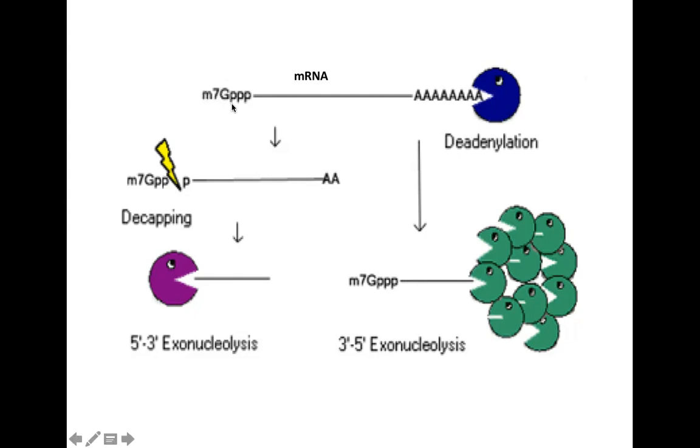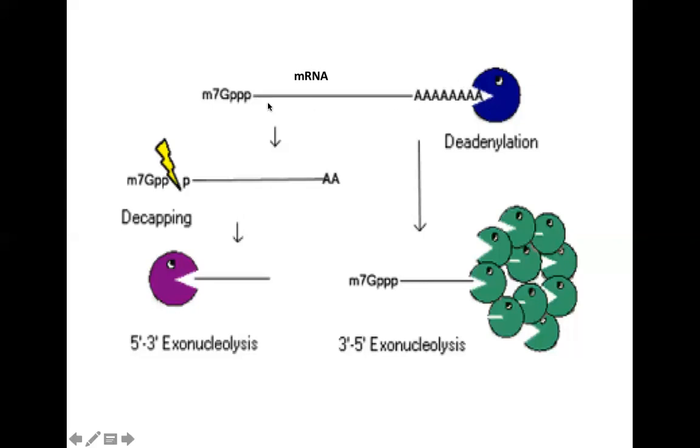So this cap protects the mRNA molecule from degradation at the 5' end by the exonucleases and polyA tail protects its degradation from the 3' end. So both of these two ends, the 5' end and the 3' end of an mRNA molecule, are protected via a cap and via polyA tail.